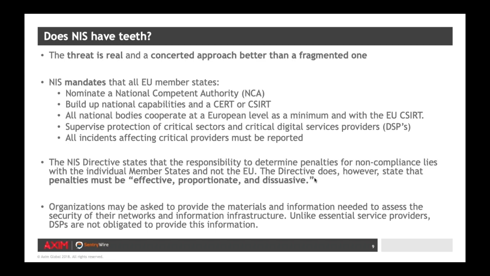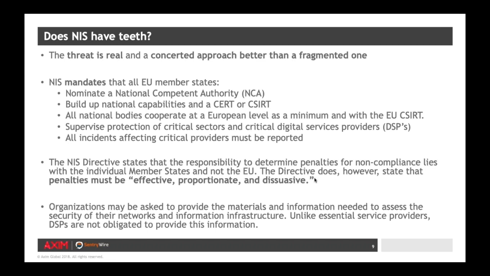And then it's also important here to understand that these organizations that are affected under the regulation can be asked and will be asked to provide details on how they are going about protecting their infrastructure.